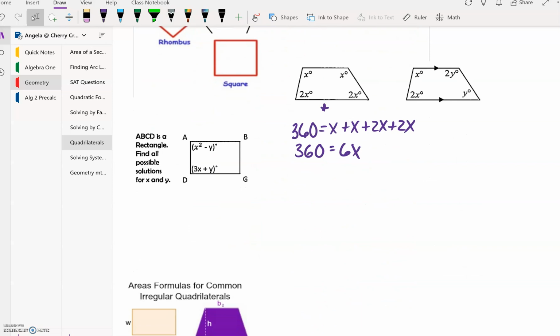And when you divide by 6, we get 60. So obviously this is not a picture that is drawn to scale, because this would be a 60-degree angle, right? And this would be a 60-degree angle. This would be a 120-degree angle.